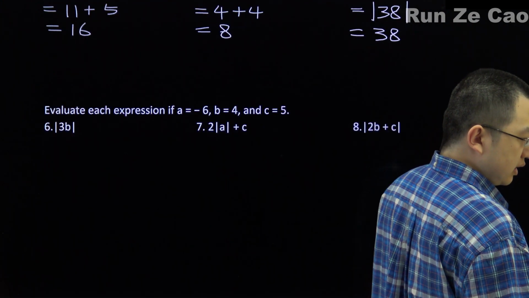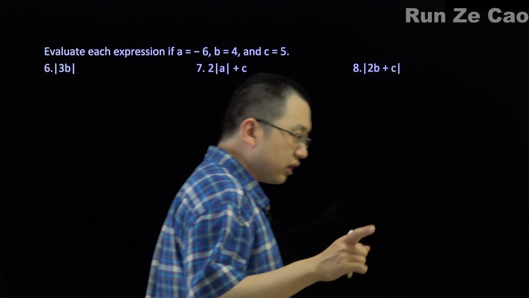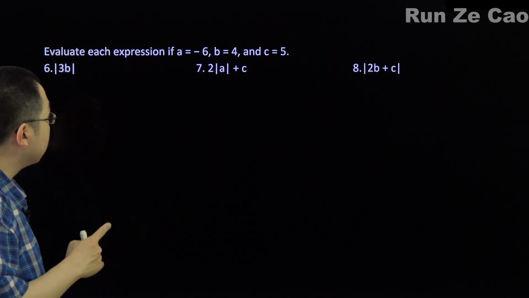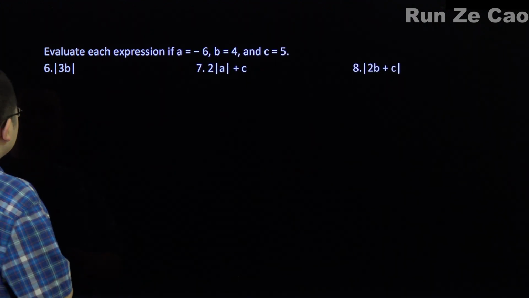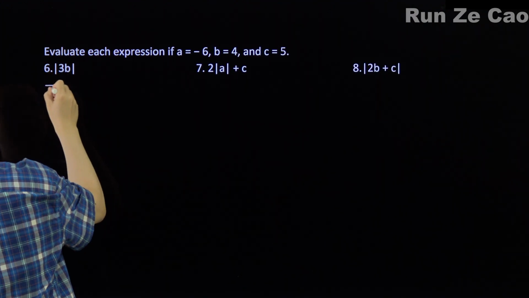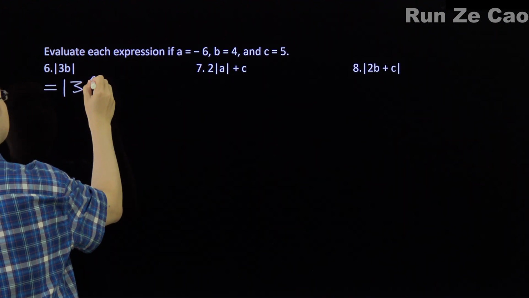So evaluate each expression if A is equal to -6, B is equal to 4, and C is equal to 5. Well, the magnitude of 3B is going to be the magnitude of 3 times 4.